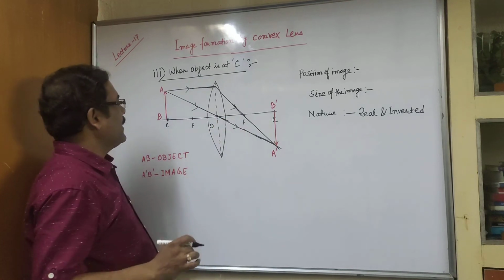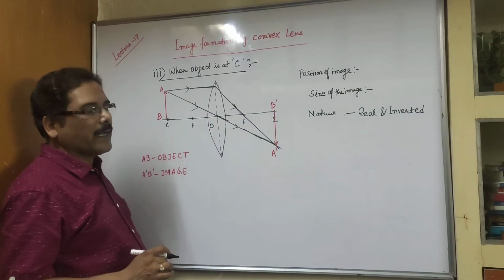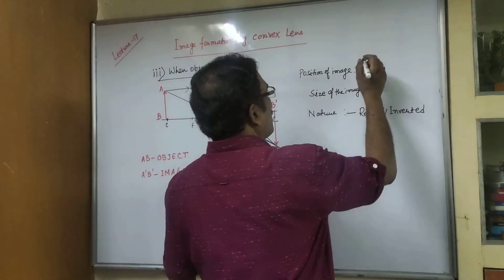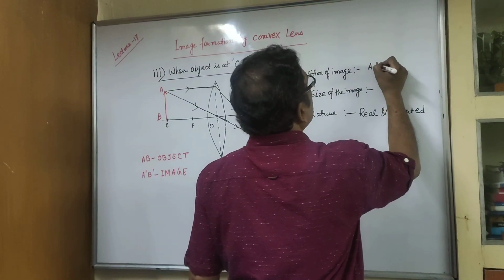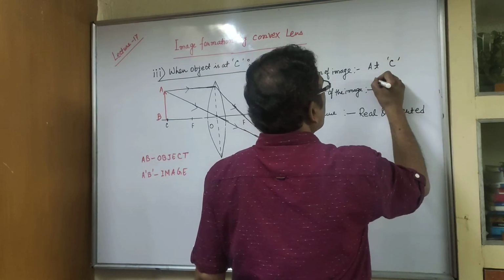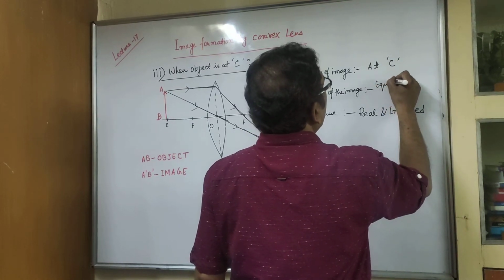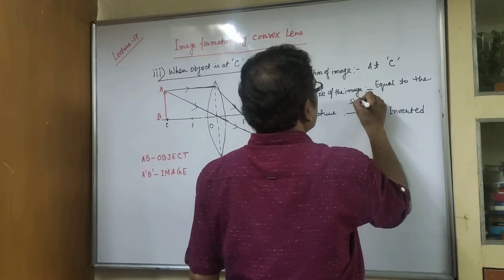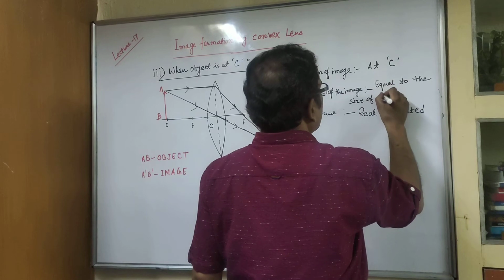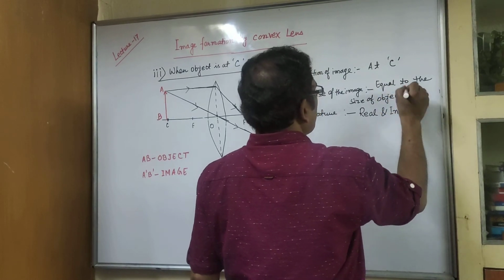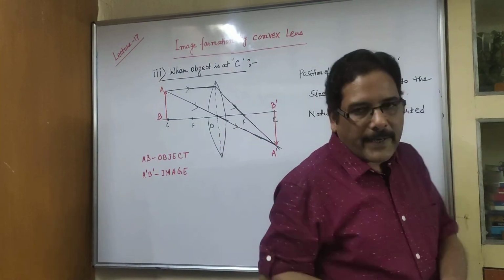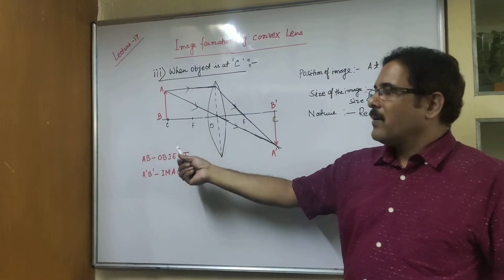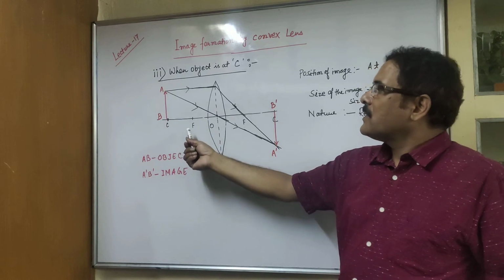When the object is at C, you will get an image of equal size at C. So the position of the image will be at C and the size equal to the size of the object.